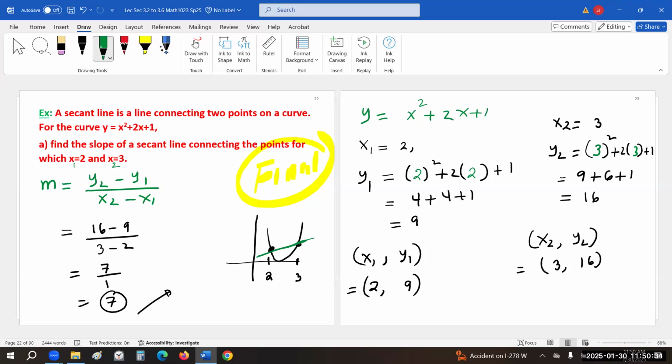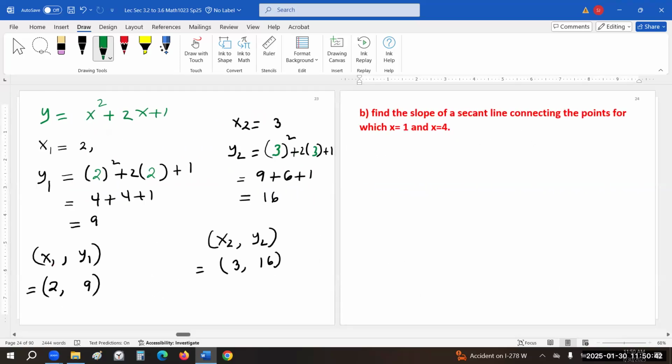Any question? Now, since I did one pair, can you do another pair by yourself? The same equation, but this time two different x values. Different x values than the one we did before. It's from 1 to 4. So let's say x1 is 1, x2 is 4. You need to find what is y1 and what is y2.